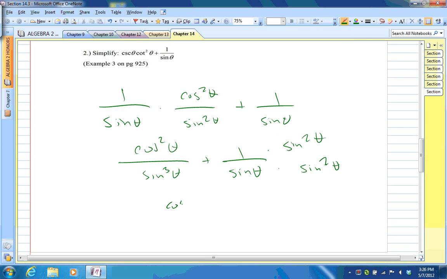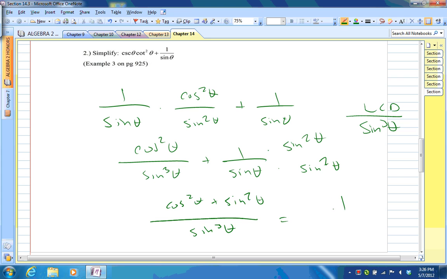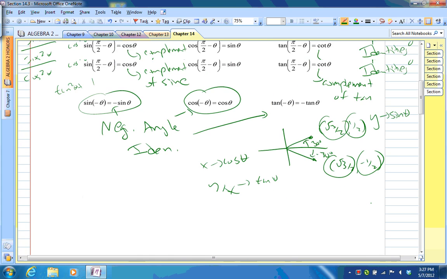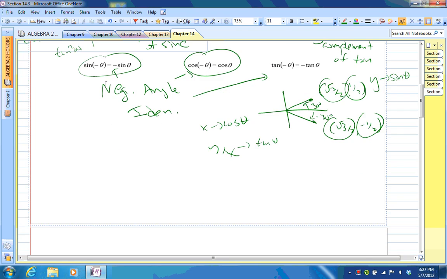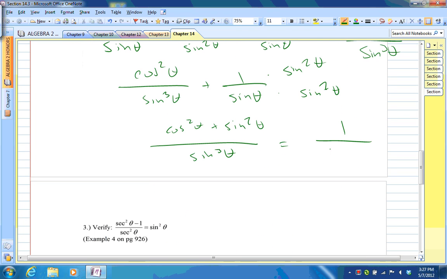So then you get cosine squared theta plus sine squared theta over sine cubed theta, since sine cubed theta would be your LCD. And remember, cosine squared plus sine squared, as we saw over here, is just 1. So it's 1 over sine cubed theta, which in essence is really going to be cosecant cubed theta because you're doing 1 over sine. So that's how you simplify.